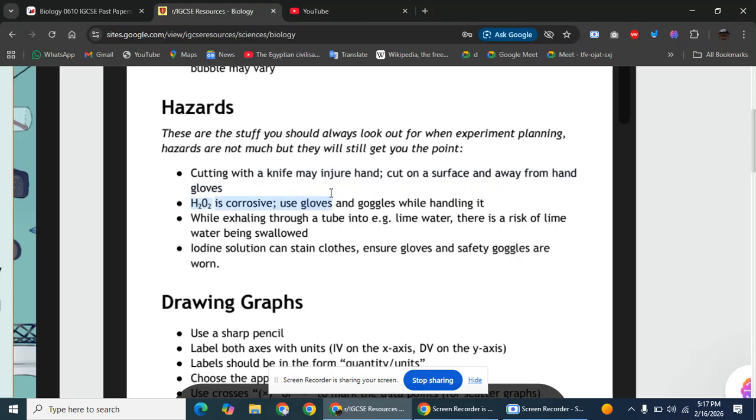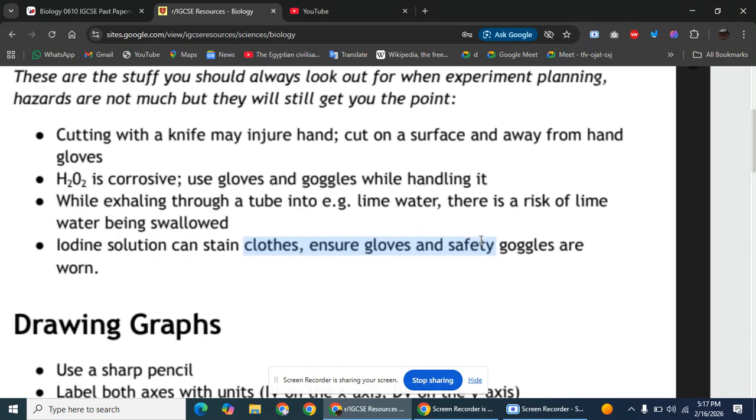H2O2 is corrosive: use gloves and goggles while handling it. While exhaling through a tube into lime water, for example, there is a risk of lime water being swallowed, so be aware of that. Iodine solution can stain clothes: ensure gloves and safety goggles are worn.